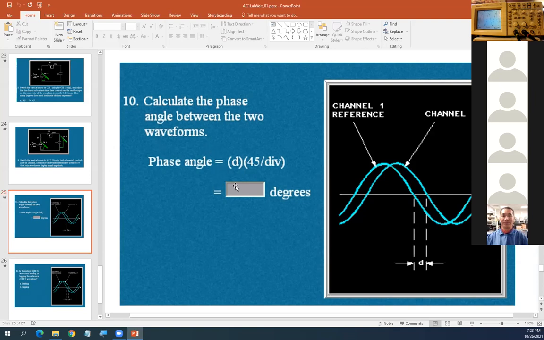Okay, phase difference. How can we do that? That's what I try to teach you. And if you're looking on the display, which one will be leading, 1 or 2? Channel 1 is leading. They come in first. Either they can say channel 1 leads channel 2, or they can say channel 2 lags channel 1.